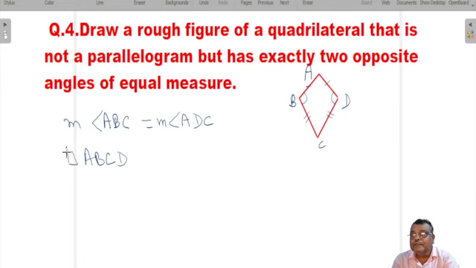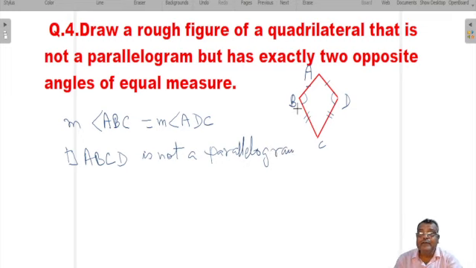Quadrilateral ABCD is not a parallelogram. But one opposite pair of angles is equal.